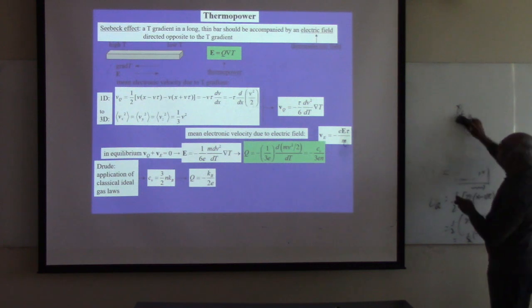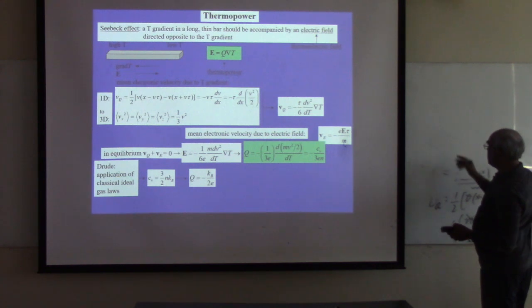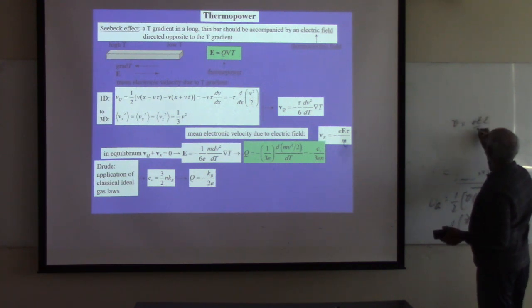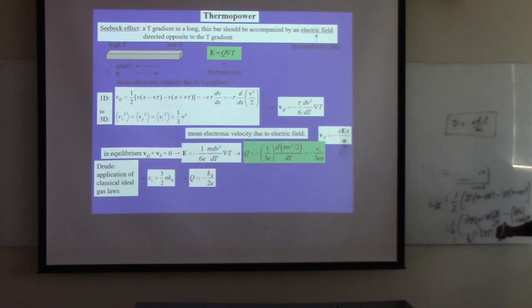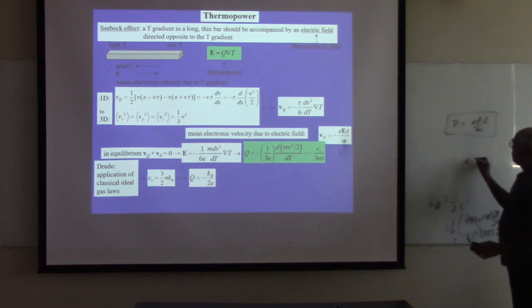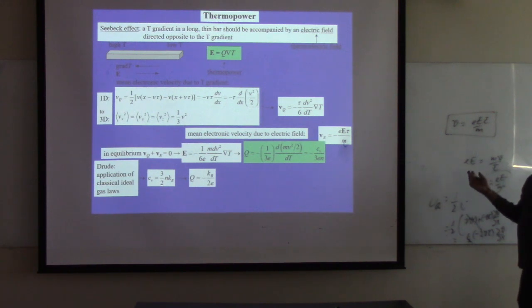That is given by, if you remember from the free electron theory, we showed your V is given by E tau over m. If you remember this one, relaxation time approximation, that is basically nothing but your total force is given by P over tau, right? So P is basically mV over tau. From here you get your V is given by E tau over m. We did this one, right?